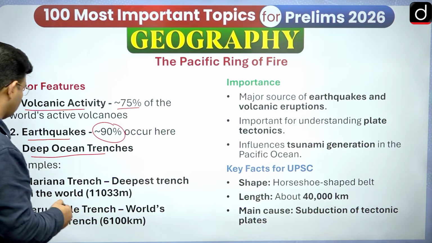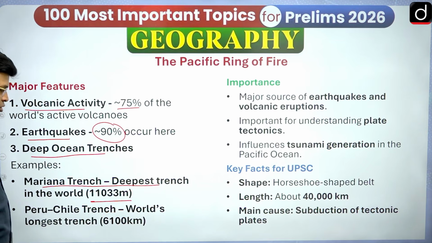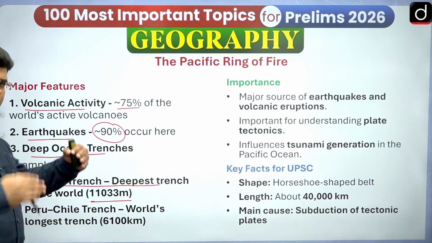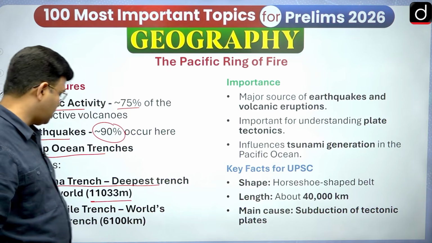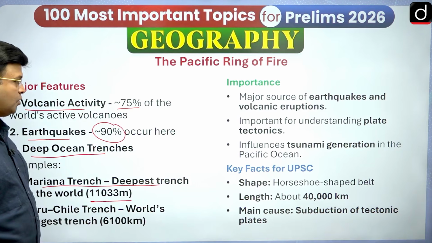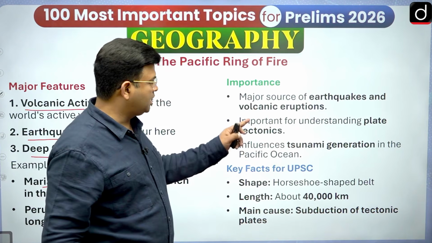The Mariana Trench is the deepest trench in the world, at 11,003 meters, near the Philippine island arc. When the Philippines was formed, trenches were also existing nearby, and the Peru-Chile trench is 6,100 kilometers long. It is a major source of earthquakes and volcanic eruptions.